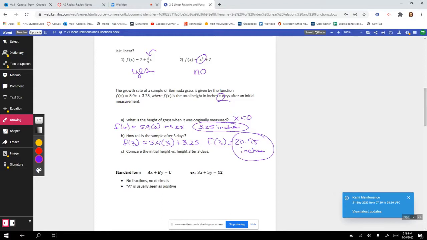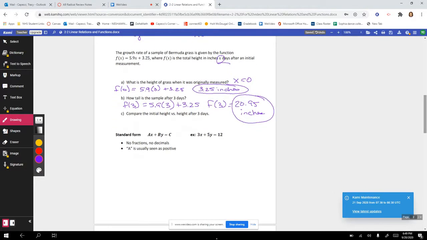Compare the initial height versus the height after 3 days. Now, you see this comparison a lot in standardized tests. They love to do this. It's not asking me to subtract. It's asking some sort of ratio, like what happened? Did it double? Did it triple? So I'm going to take what it is after, the tallest height, and divide that by 3.25, and we get approximately 6.4.